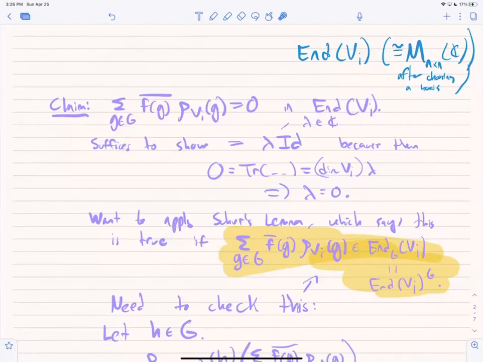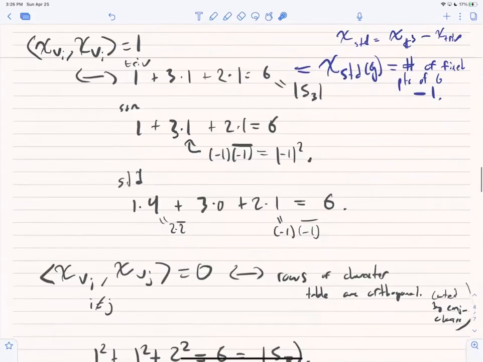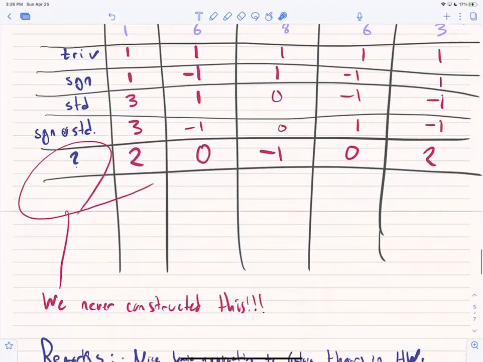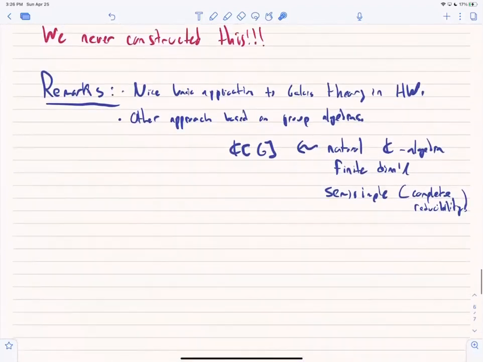To state it in more sophisticated language, you have the category of representations and the forgetful functor to vector spaces. This forgetful functor has endomorphisms as a functor, and the ring of endomorphisms of the forgetful functor is just the group algebra.